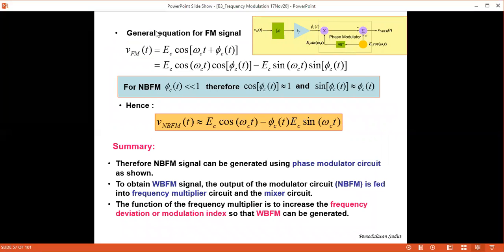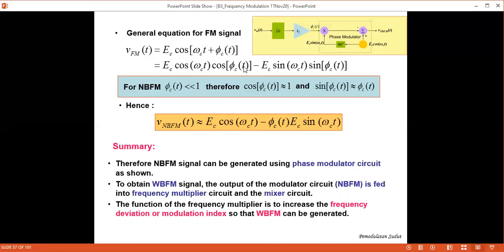We start with the general equation for the FM signal: EC cos(omega C t plus phi-CT). Then we expand using cos A cos B. We were already introduced to this narrowband FM concept last week, so we just refresh.